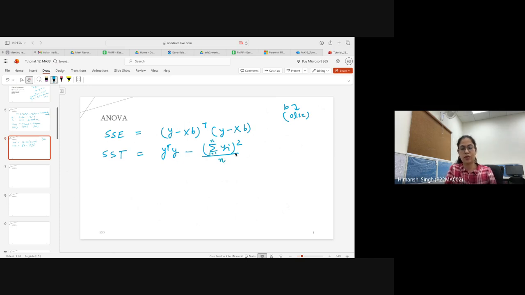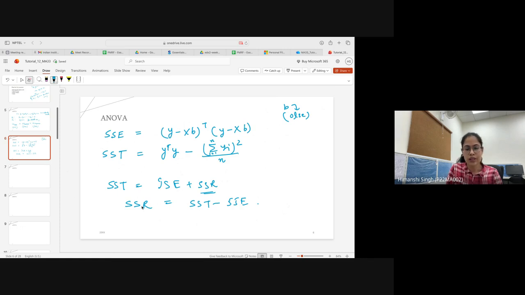If we have all the observations, we just put them here and we can find these values SSE and SST. We also have the relation that SST is equal to SSE plus SSR, so we can calculate SSR by subtracting SST minus SSE. We can calculate it from here also.